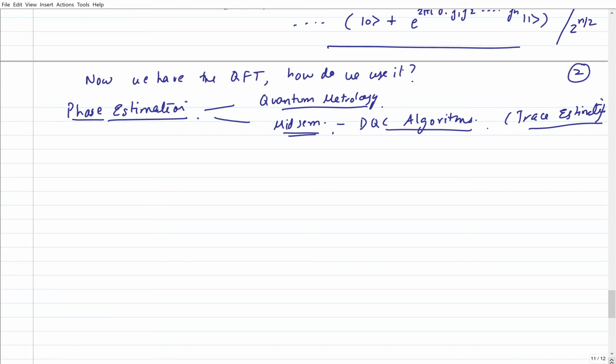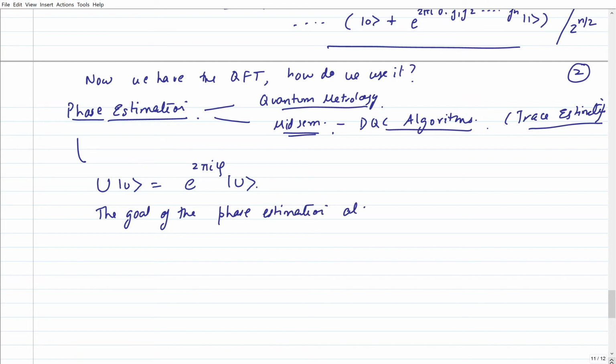So what essentially is a phase estimation algorithm? I have a unitary, I have an eigenvector, and that gives me, let's say, some phase. The goal of the phase estimation algorithm is to find or estimate the phase.